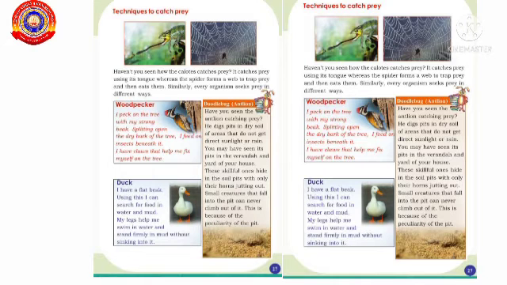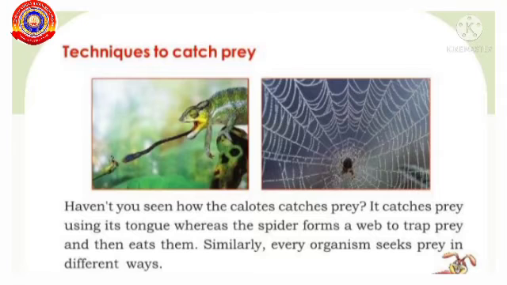Okay, my little ones, shall we start our today's class? Today, we are going to study about the techniques used by the creatures to catch their prey. Have you heard about the word prey? Okay, teacher will tell you.